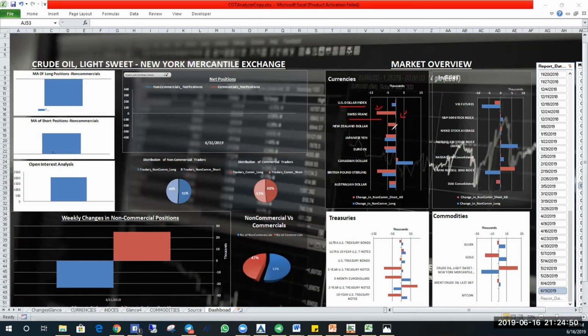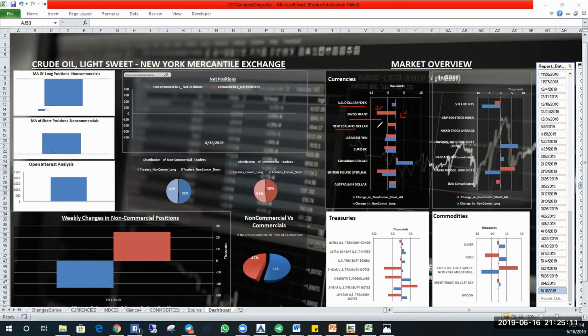The short position has been significantly reduced, but we know that in the long run, the Swiss franc still remains very bearish. But in the short term, for the week, they're reducing their short position and their long not as much. Okay, so we'll see how everything turns out for the Swiss franc.